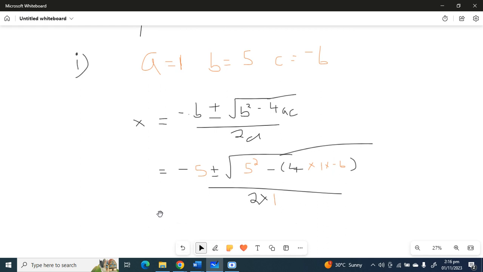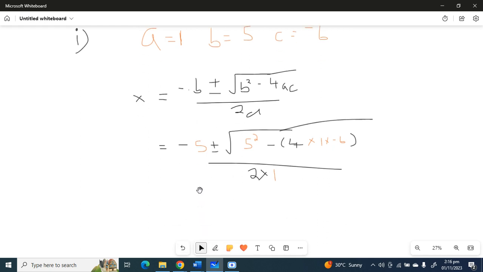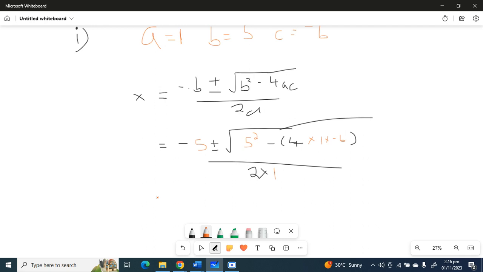Okay, so let's solve. This is equal to negative 5 plus or minus the square root of, 5 squared is 25, and 4 times 1 times negative 6 is negative 24.